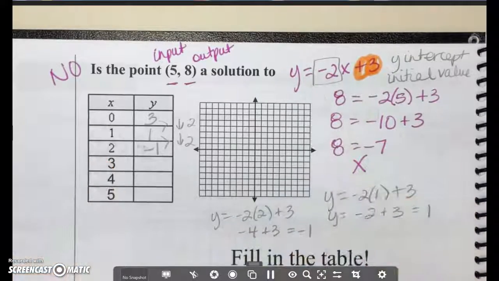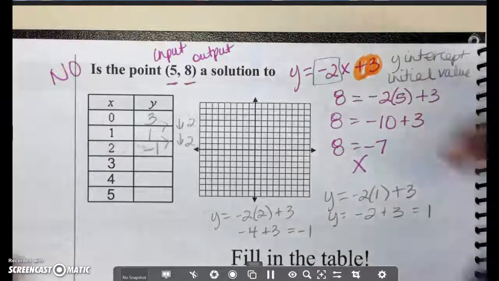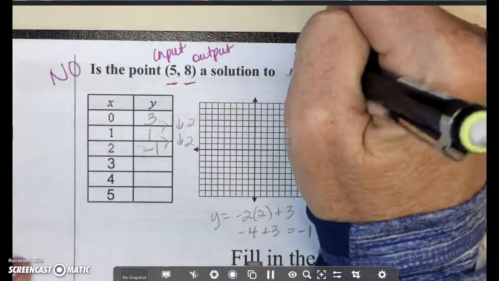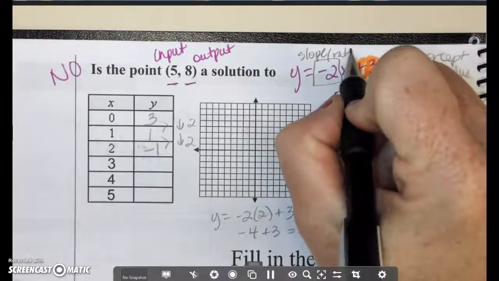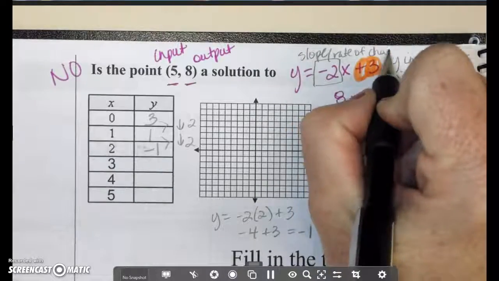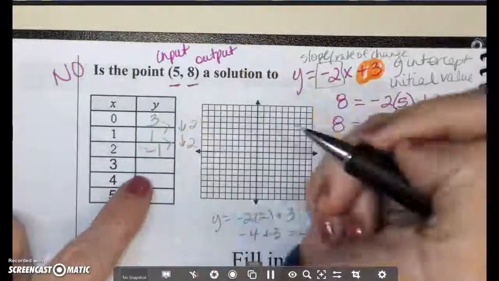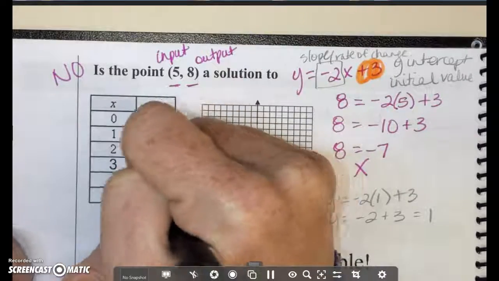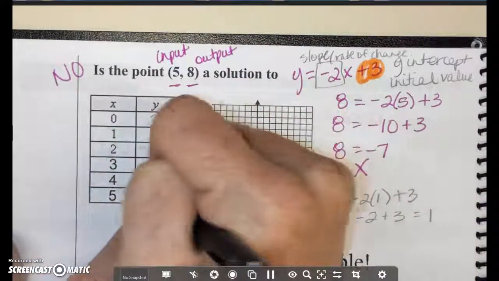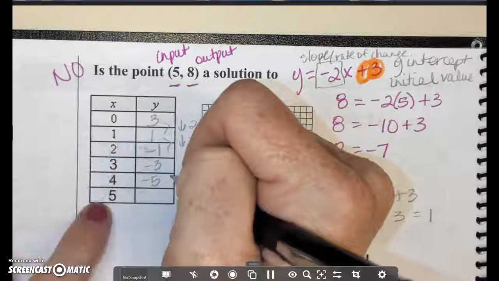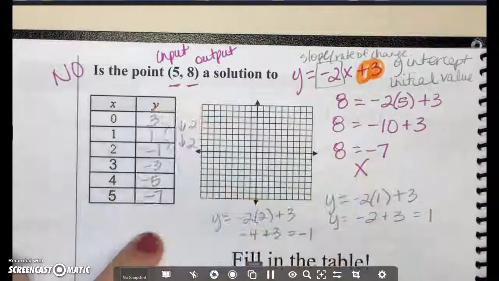This number in front of the x always shows you your rate of change, or your slope. So everything on that line should be changing at the same pace. So we can actually go through and just keep decreasing these by 2. For every one step that it's increasing in your x column, it's decreasing by 2 in your y column.